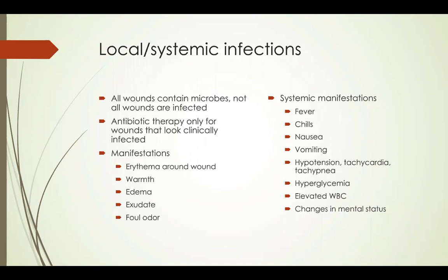So if there's erythema around the wound, if there's warmth around the wound, edema, exudate, a foul odor, or systemic symptoms. They have fevers, they have chills, nausea, vomiting. Their vital signs are affected: hypotension, tachycardia, tachypnea, hyperglycemia, their blood sugar's up, their white blood cells are showing infection, or if there's a change in mental status.